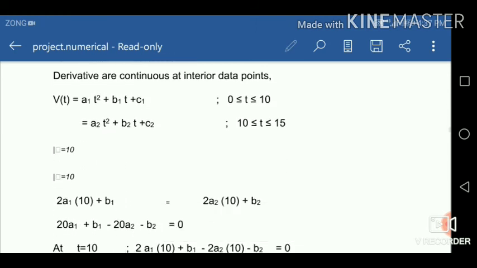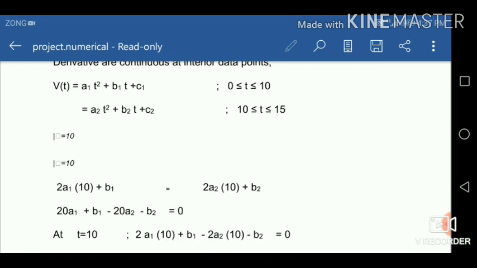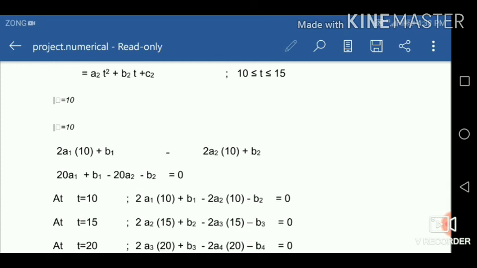Now the derivatives are continuous at interior data points. We know v of t equals a1 t squared plus b1 t plus c1 on the interval 0 to 10, and a2 t squared plus b2 t plus c2 on 10 less or equal to t less or equal to 15. We find the derivative, and both are equal at t equals 10, giving the equation 2 a1 times 10 plus b1 equals 2 a2 times 10 plus b2.